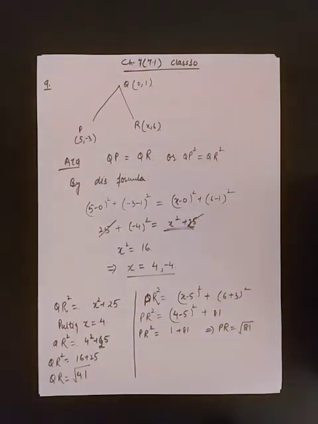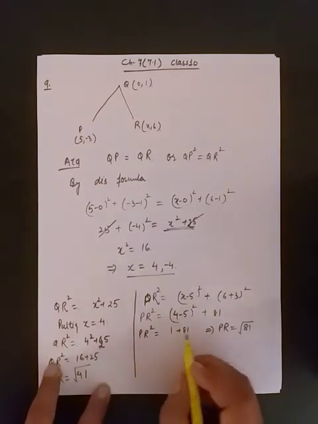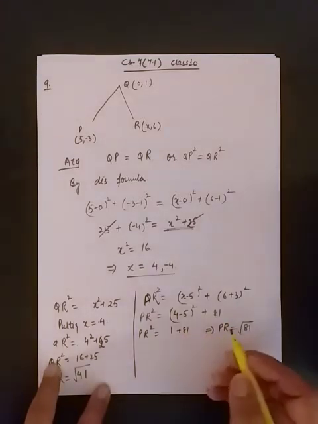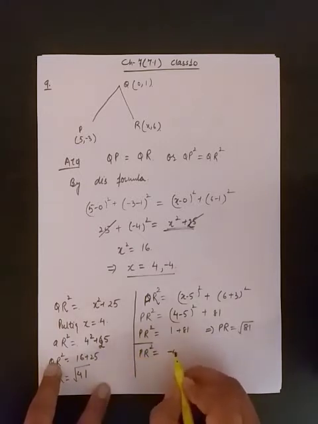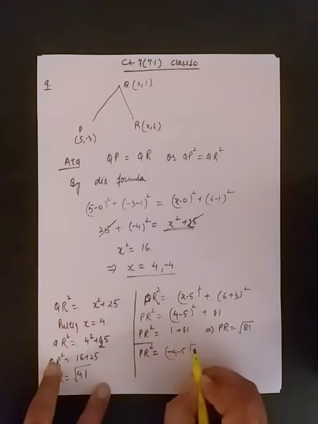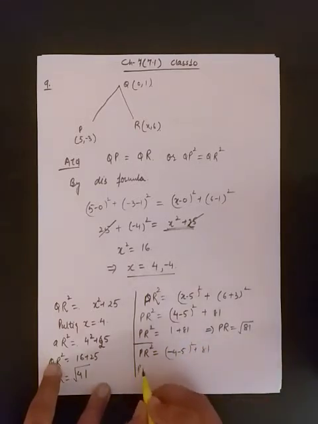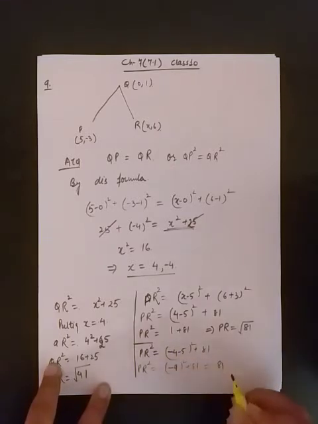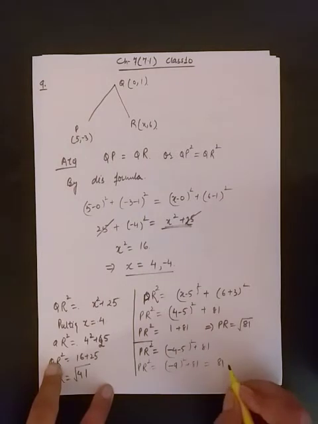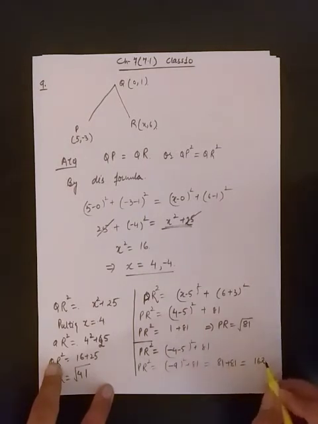Now we are left with the second value, minus 4. So again by putting x is equal to minus 4, what do we get? Minus 4 minus 5 square, and this is a constant value, it will be the same, minus 9 square plus 81, and we get 81 plus 81, and it will be 162.